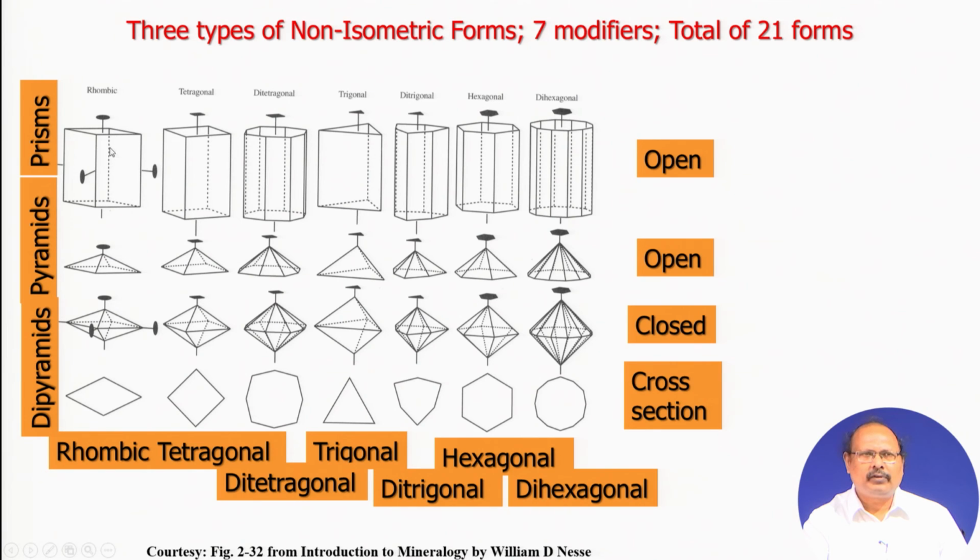So, there are 4 faces, all 4 faces intersect along this line, and this is parallel to this vertical dyad here. Now, if you see here, in this case the vertical axis is a tetrad axis or 4-fold axis of symmetry, and you have here 4 faces here 1, 2, 3, 4. Now, that is why we call it as tetragonal prism here.